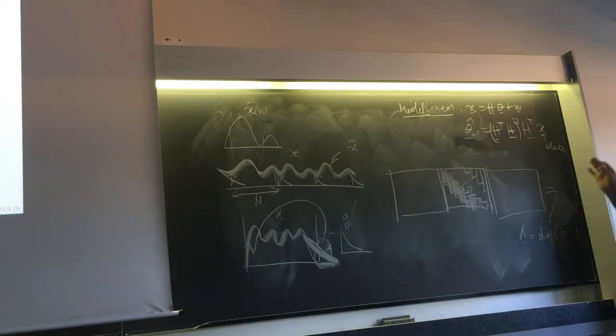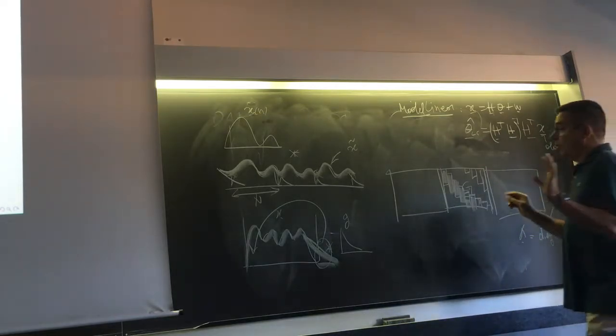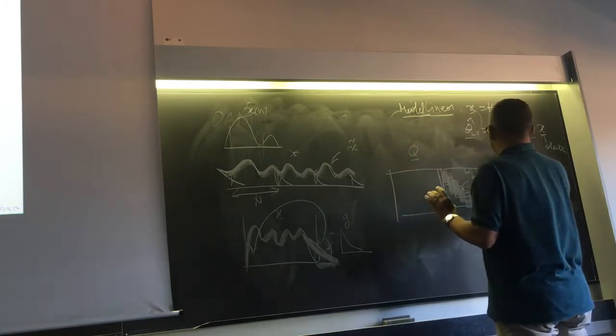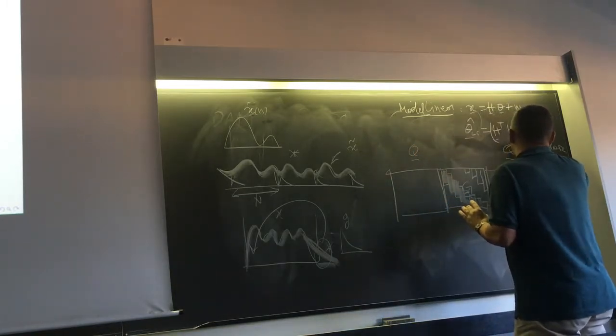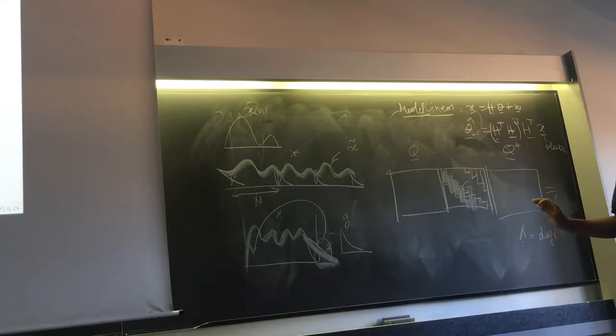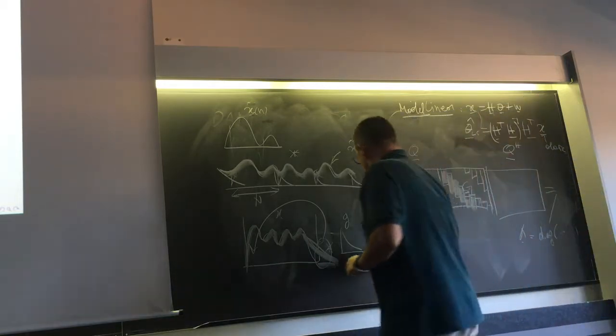This is the property of the eigenvectors. Okay, so I call this one Q, the eigenvectors, and I call this one Q Hermitian. Okay, this is nothing new up to now. The new part is this one. What are the eigenvectors?